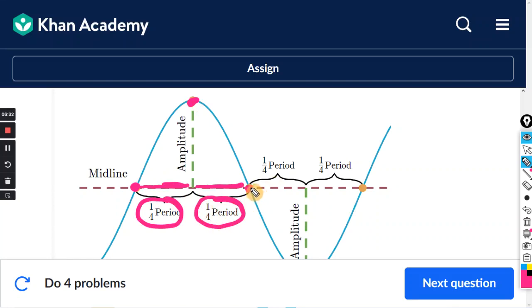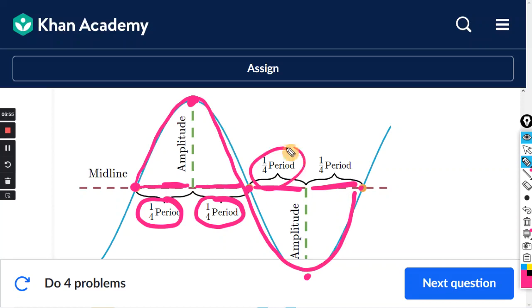And then when they go from the midline down here to the minimum, that distance is 1/4 the period. And finally, when they go from the minimum back to the midline, that distance is 1/4 the period. Okay, so one cycle, this whole thing here is one period. So it goes up, down, and return to the midline. See, that is one full period. That's 4/4. So in our problem, we were limited.